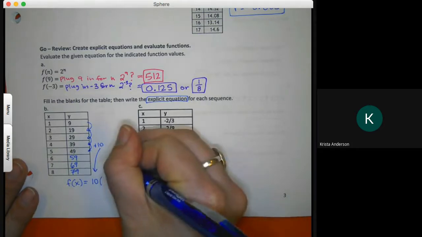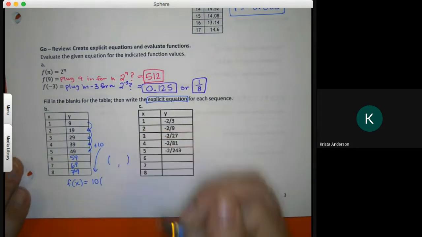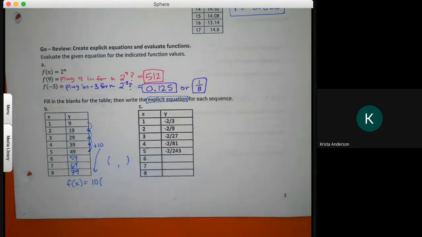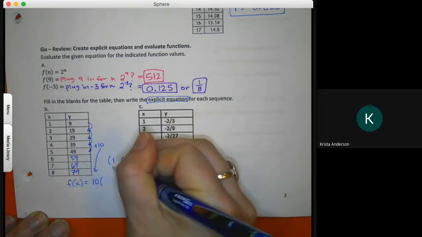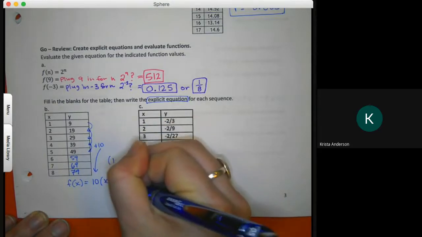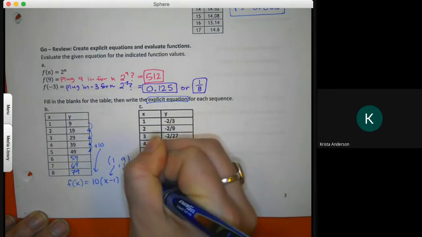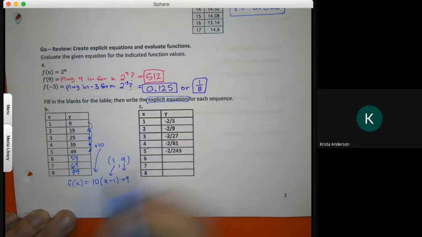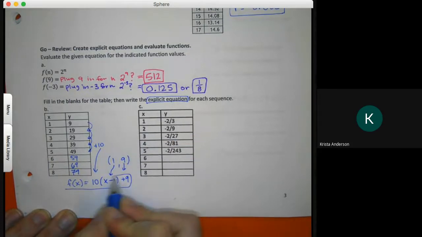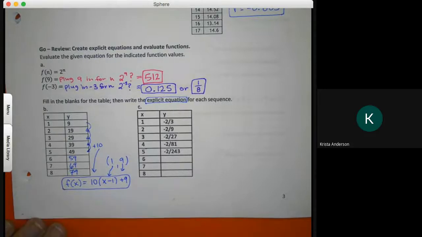And then I'm going to use one of the points. Someone pick any point from that table. I don't care which one. 1, 9. When I place the 1 in, it'll be x minus 1. And the 9 will be a positive 9 at the end. If you do it a different way, that is fine. As long as it marks it correct, you're good.